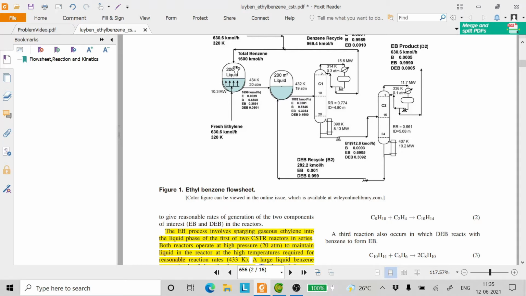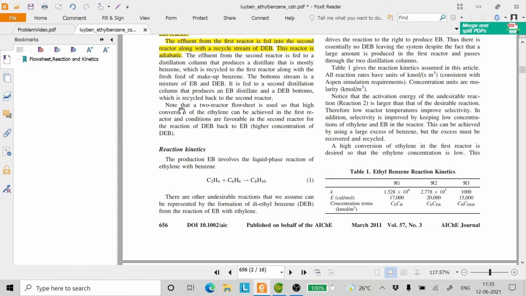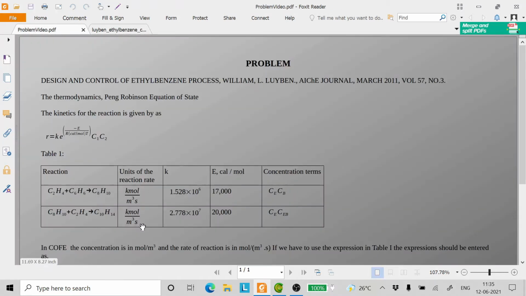Let us simulate it. To simulate this, we should first know the kinetics. And here we have the kinetics in the paper. For ease, I have copied it down. The thermodynamics that we will be using is Peng-Robinson equation of state.